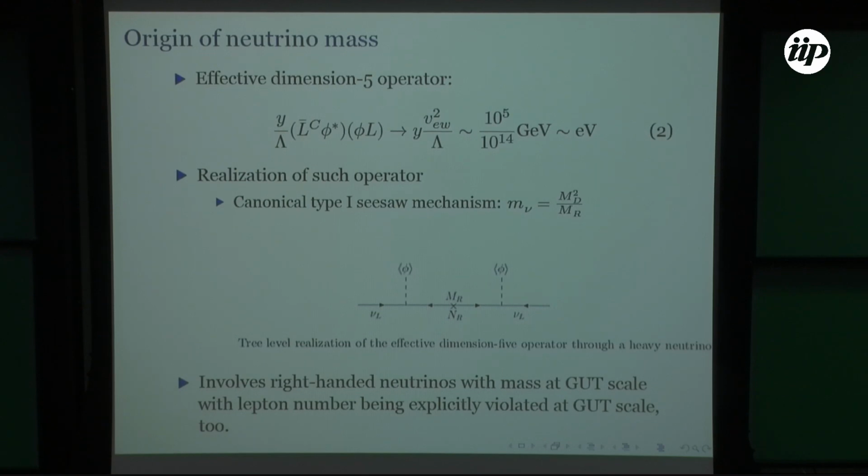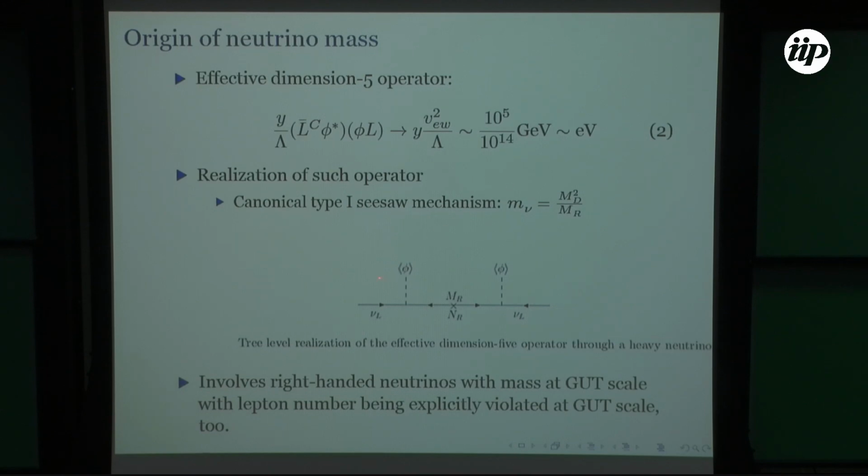The most popular one is the canonical type 1 seesaw mechanism. This is very well developed, and this is the way you realize the type 1 seesaw mechanism. You need a heavy right-handed neutrino with mass at the GUT scale, and this is the standard one.